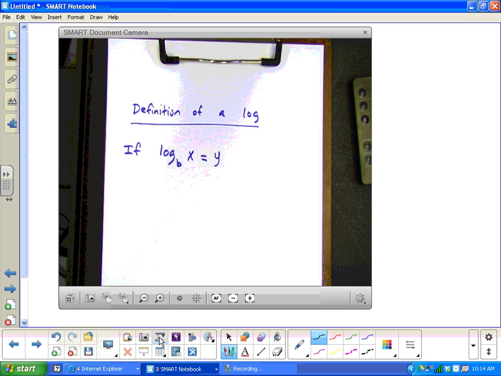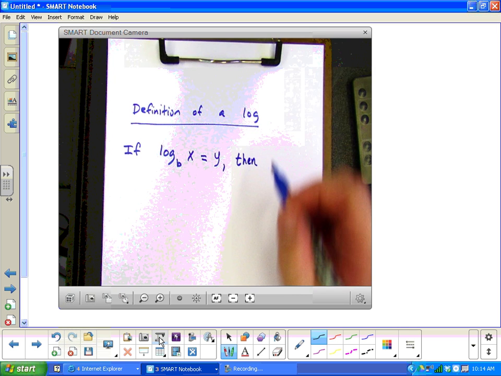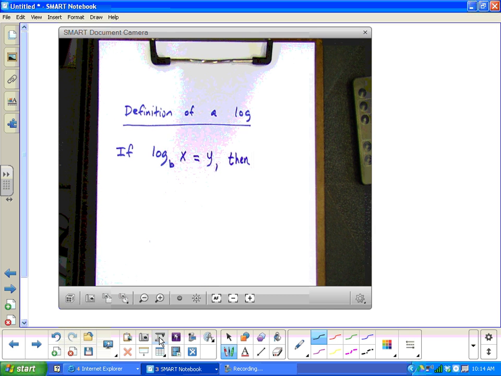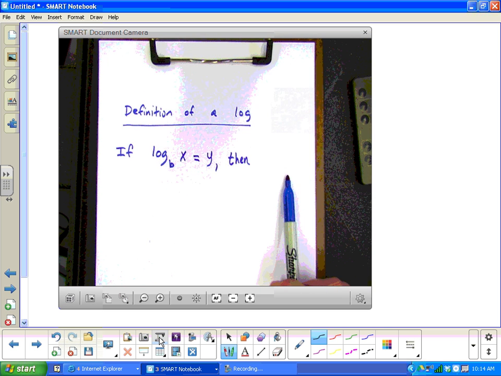Okay? Now, if we have this, then really what the definition says is this is an exponential form. So logarithms and exponentials are inverses of each other. So I could write this in an exponential form. Now see if you can remember this from Algebra 2. So something raised to some power is equal to some number, is what it's saying. So what's our something raised to what power?